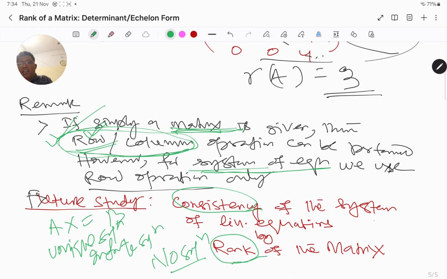Okay, by using the rank of the matrix. Now unique and infinite means a solution exists, yes, so it leads to the consistency of the system. So the details I will tell you in my next lecture, where I will teach you the consistency of the system of equations, which is most important to make the study complete as far as the solution of the system of linear equations is concerned.